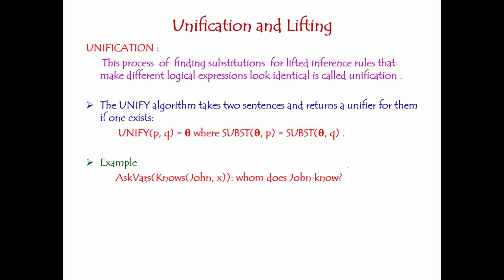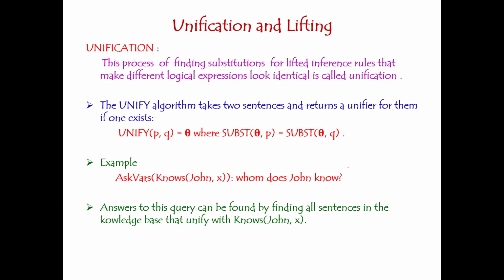So this asks for X. Now answers to this query can be found by finding all sentences in the knowledge base that unify with John comma X. So let us go back to the knowledge base and find the relevant sentences that can help us solve this. This we will do with the help of the unification algorithm.